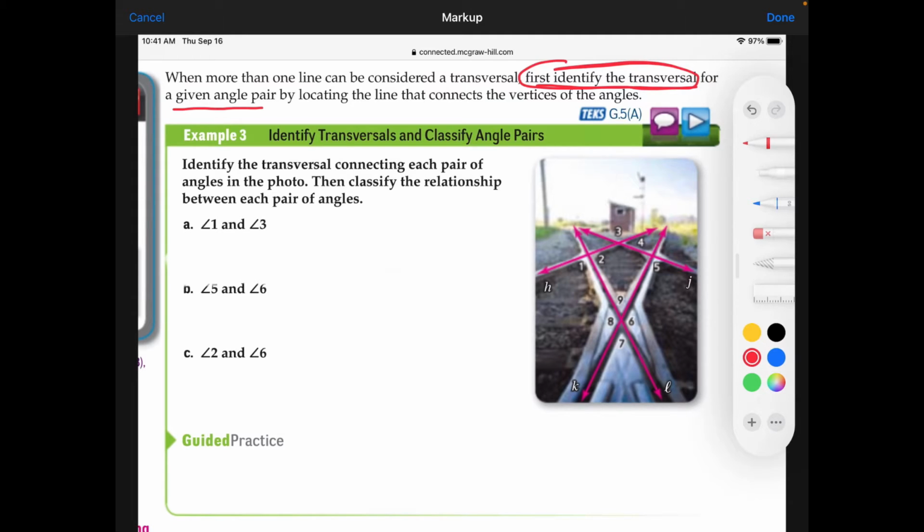So here we have a real-life picture, and there's several different roads, it looks like. It says, identify the transversal connecting each pair of angles in the photo, and then classify the relationship between each pair of angles.